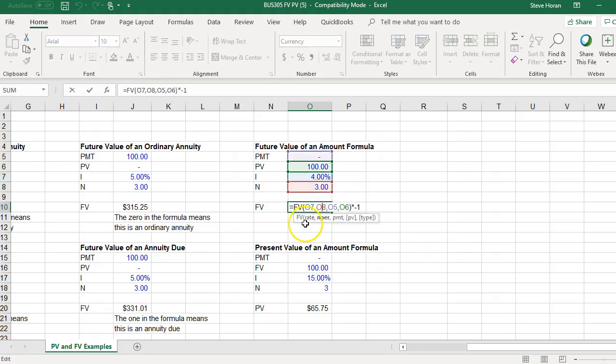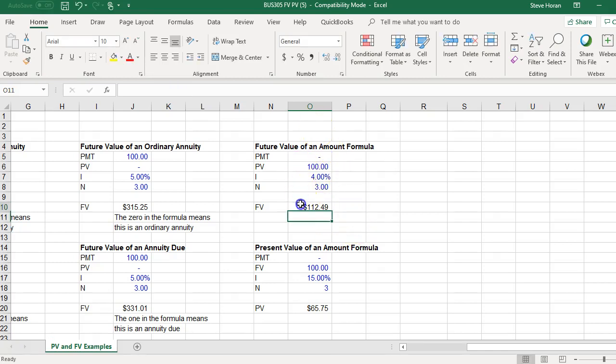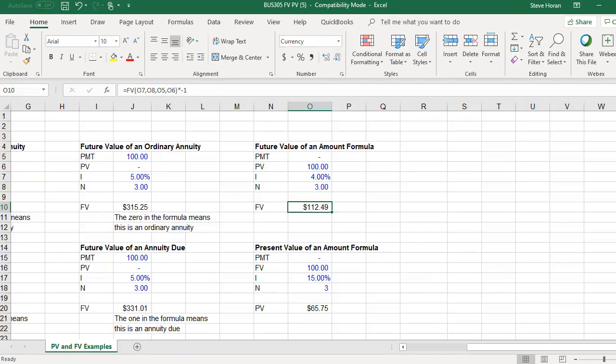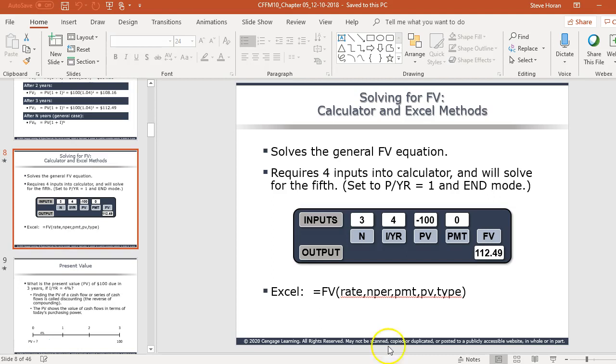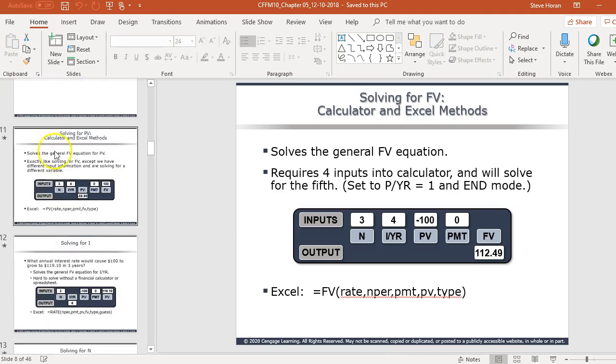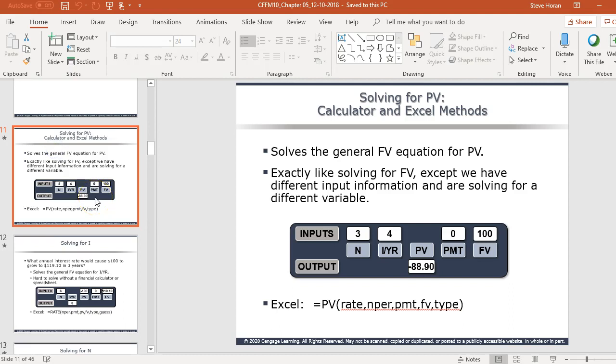So the Excel file is just right here, the rate, number of periods, the payment, which is 0, and then the number of periods. And so if I just hit those, I get the answer of 112.49. Hopefully everybody kind of see how I did that. So the same thing you see here is the same thing you see here in this formula. Okay, so it might be good practice if you just take some of the examples from the PowerPoint and you just plug those into my Excel file to see if you can replicate the answers.